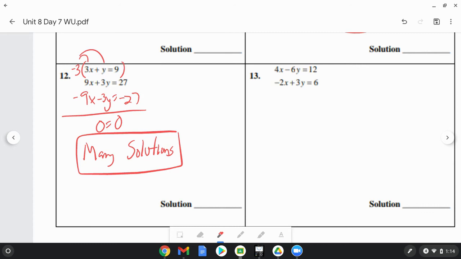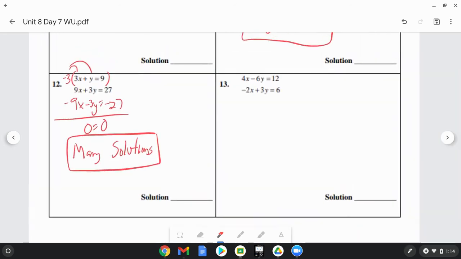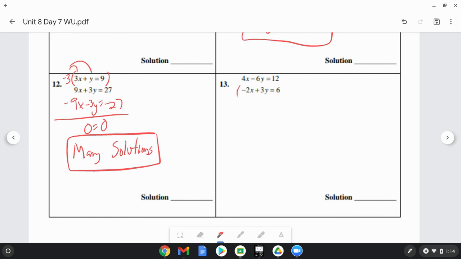Any questions on that? Hopefully not. And then number 13, I think, is the last one on this page. Yep. We would multiply the bottom by 2. So that would give us negative 4x, and that's the exact opposite of the above. And we get negative 6y is equal to 12.